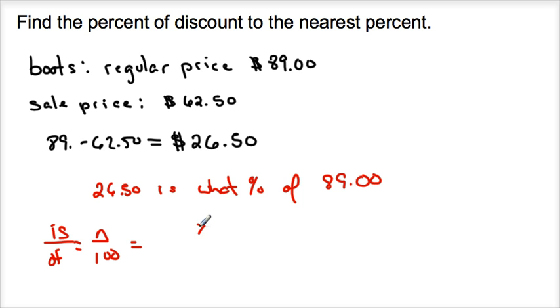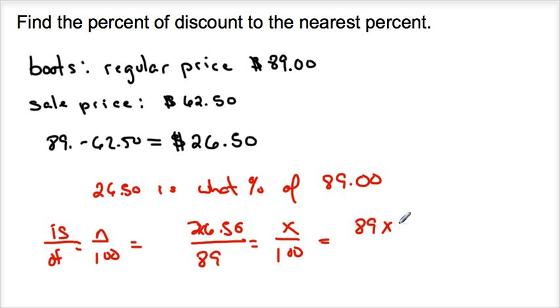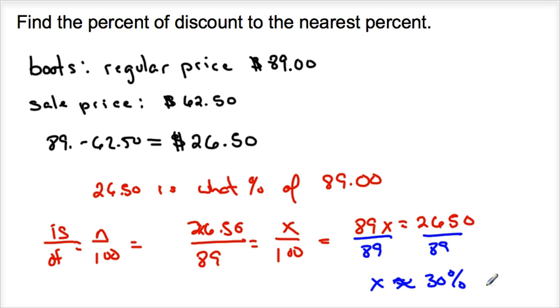So we have 26.50 over 89 is equal to x over 100. And then we have 89x equals 2650 after multiplying. Divide by 89, both sides. And again, I will let you use a calculator in this part. And you get roughly, x is roughly equal to 30% as the other one. And again, there is one more way to do this, but we'll stick to these two ways, and you can use whatever you like.